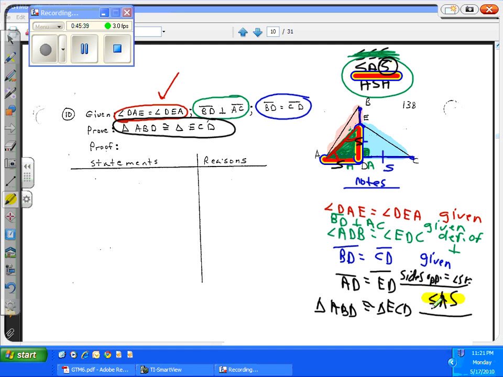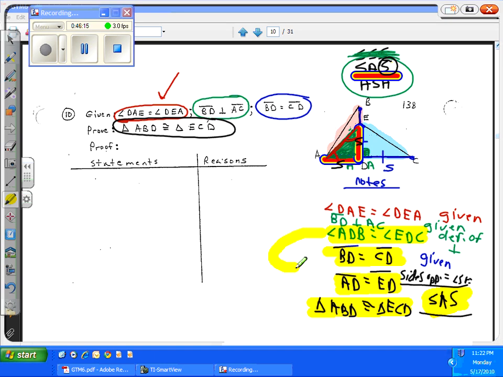So we're going to say, okay, if I'm going to prove that they're congruent by side angle side, then I need a side equal side, an angle equal angle, and a side equal side.